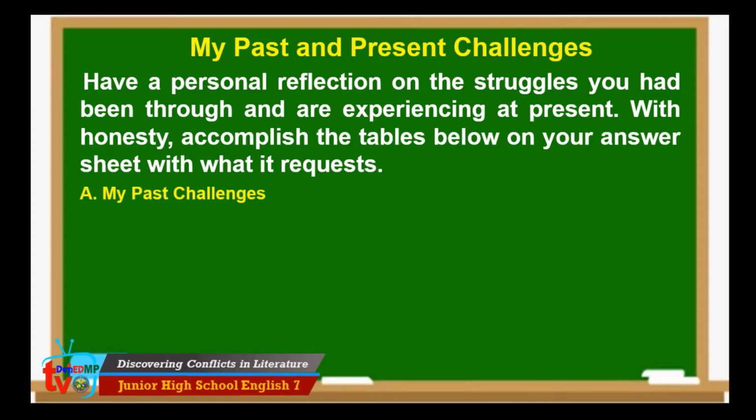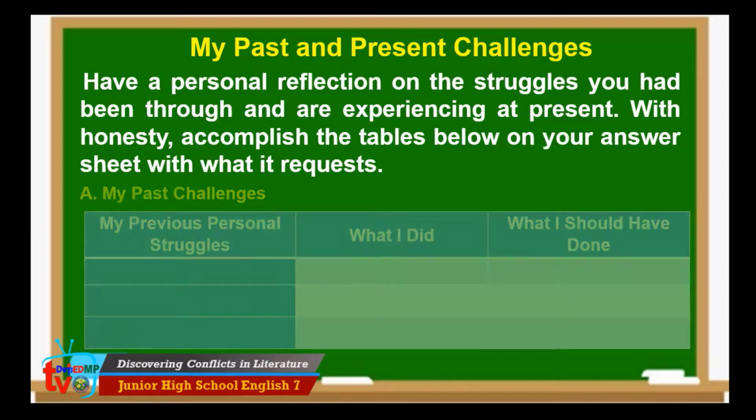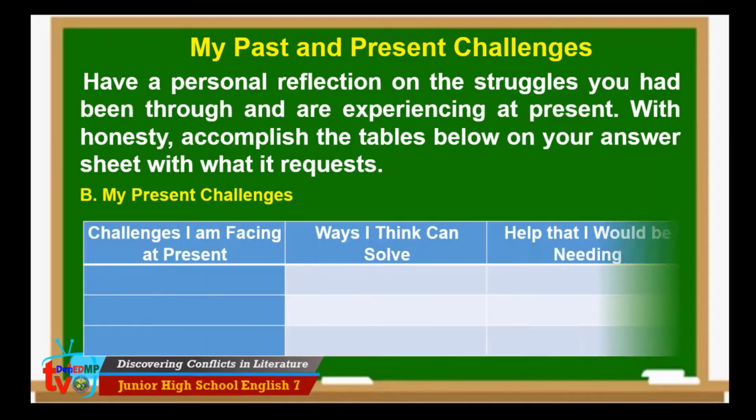Table A. My Past Challenges. Table B. My Present Challenges. Take note that your answers to this task vary from each other, so teacher will be the one to decide on your scores. Well done, class!